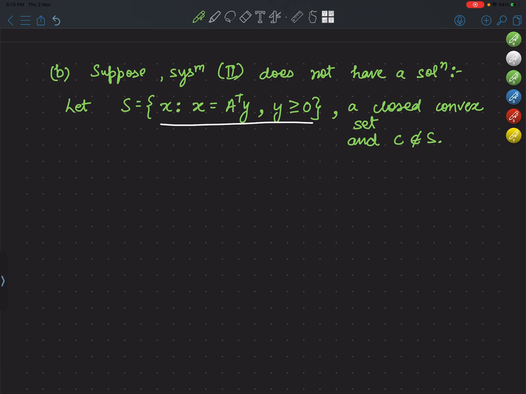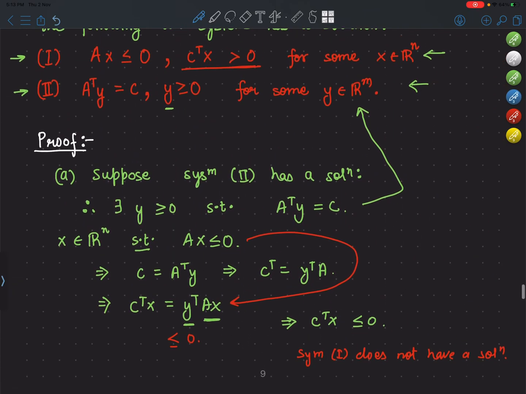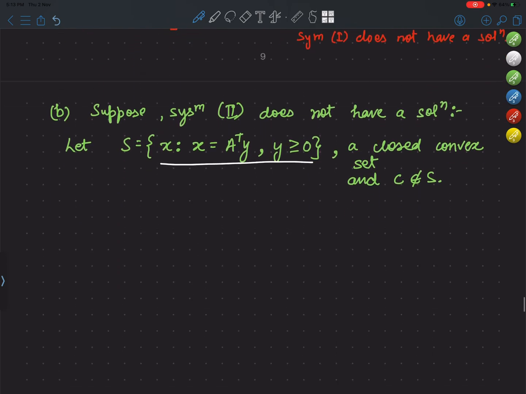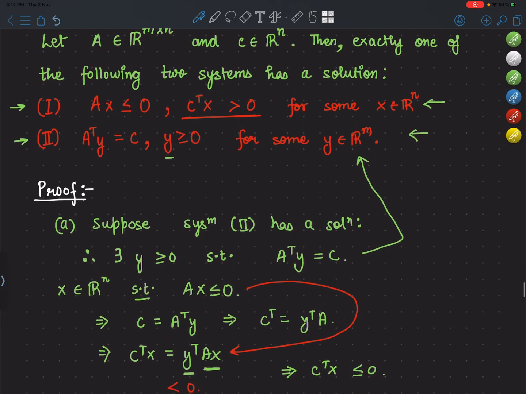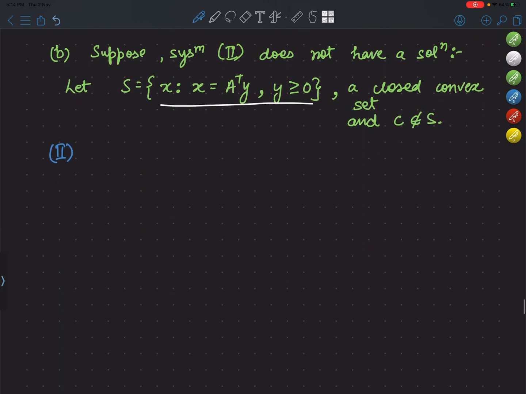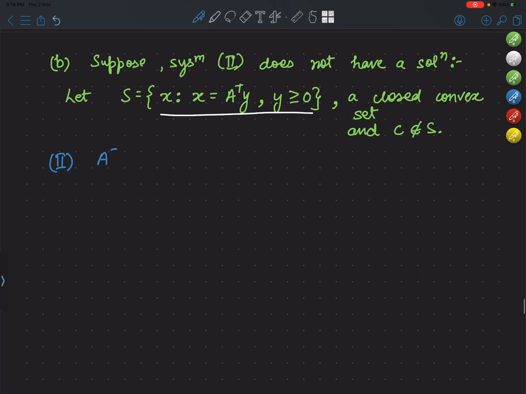C does not belong to S means we are assuming that the second system is not true. That is because remember the second system is A transpose y equal to C and y greater than or equal to 0.